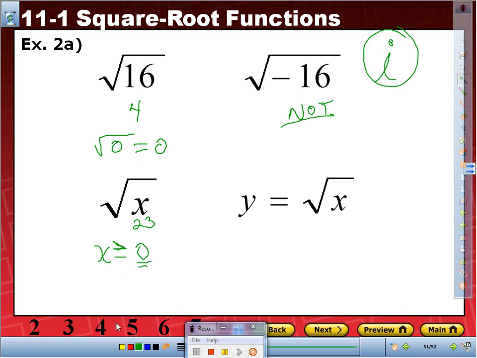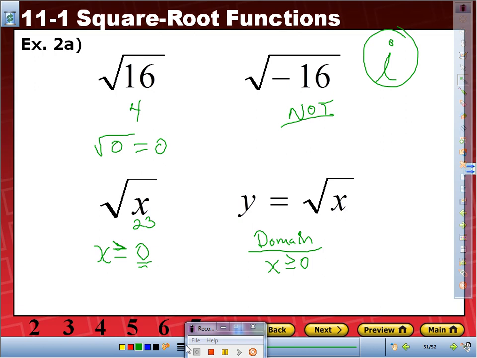Are we there? So by that, if I was to give you a function like this one, and I ask you to find the domain, all you have to do is take whatever's inside the radical and set it greater than or equal to 0. So my domain for this one is x is greater than or equal to 0.